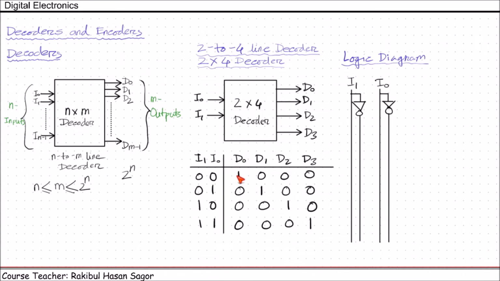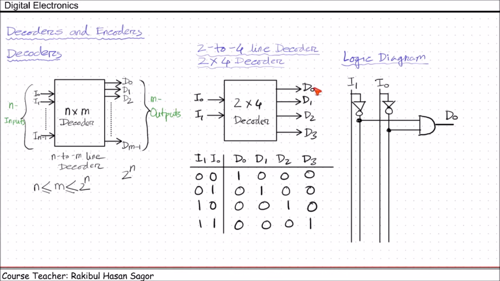For D0 to be 1, both the inputs I0 and I1 must be 0. For that case, the function output can be implemented by taking the inputs from I0 prime and I1 prime. They will be ANDed and we'll get the D0 output.